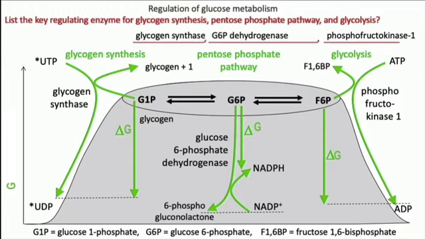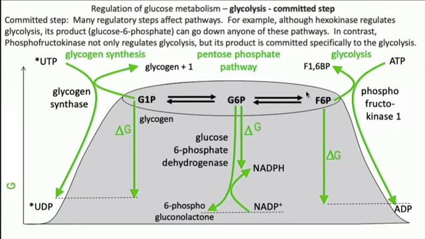Well, of course, glycogen synthesis is regulated by glycogen synthase, and the reaction has a net negative energy. Pentose phosphate pathway is regulated by glucose 6-phosphate dehydrogenase, which again has a net negative energy. And as we mentioned already, glycolysis is regulated by phosphofructokinase 1, which again plummets in energy, making it irreversible.